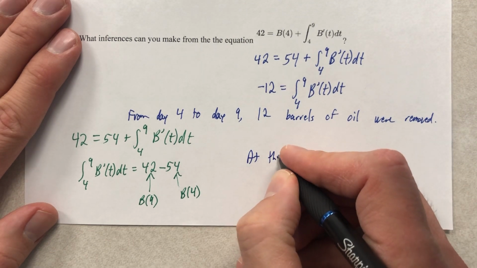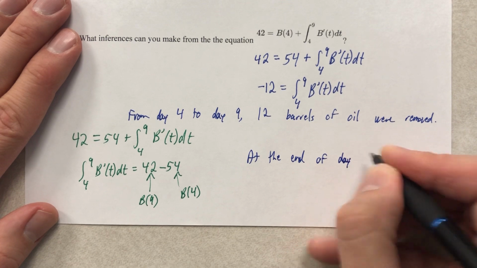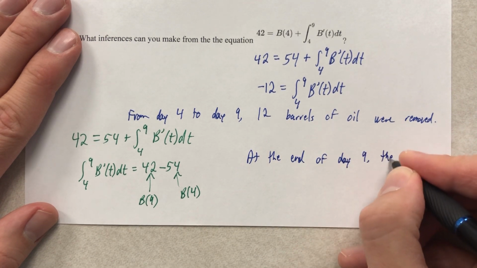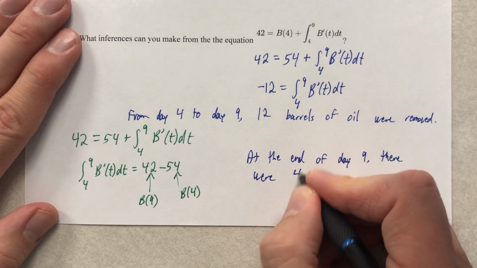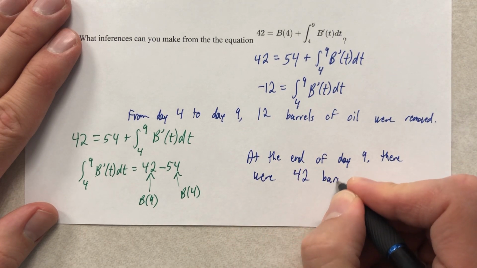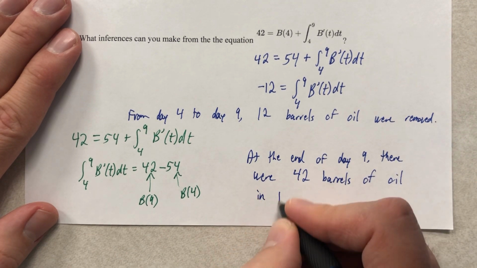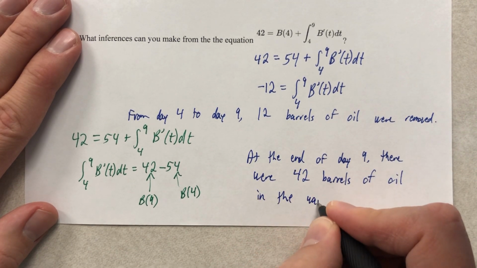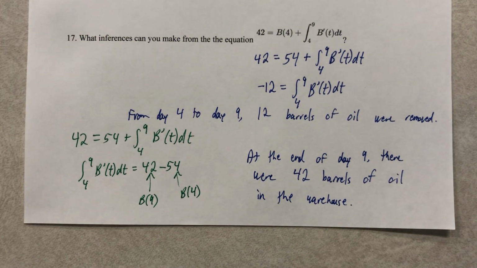So at the end of day 9, not a huge deal, but end of day 9, there were 42 barrels of oil in the warehouse. Lots of stuff you can find from that. Okay, 2 things you can find from that, but it's a very rich formula.